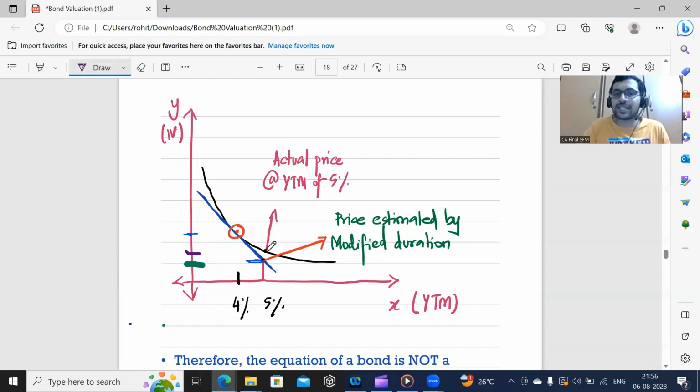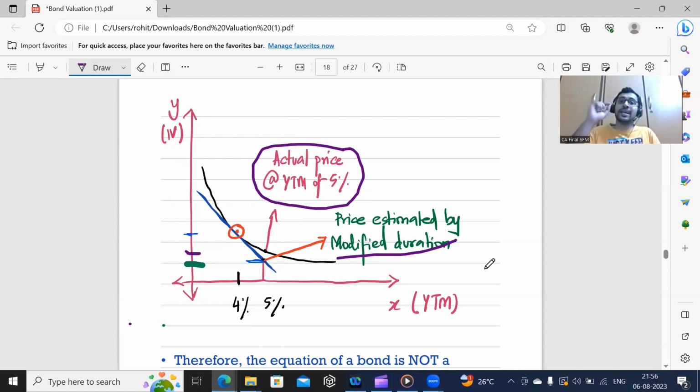All right, and that is the reason I've denoted that this is the actual price at YTM of 5%, and this particular point is the price which is estimated by modified duration. And that is the reason when defining volatility or modified duration, I said when modified duration is 2.72%, it means when the YTM changes by 1%, the bond's price approximately changes by 2.72 percent.